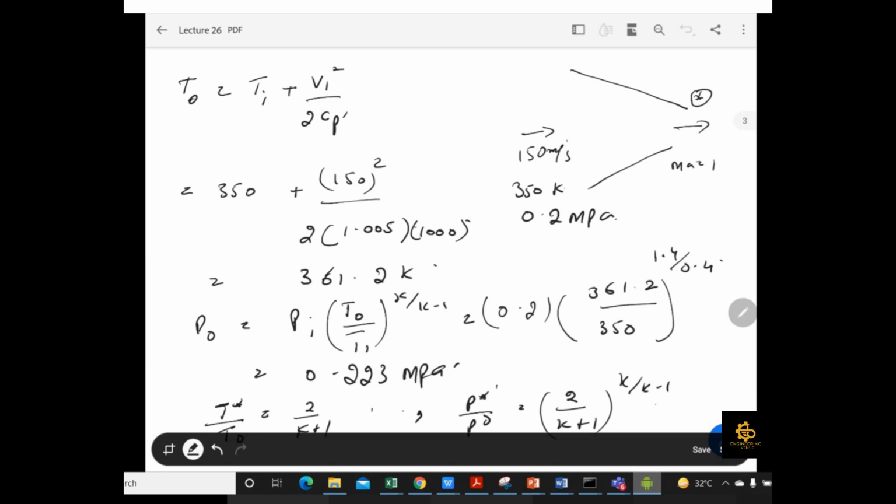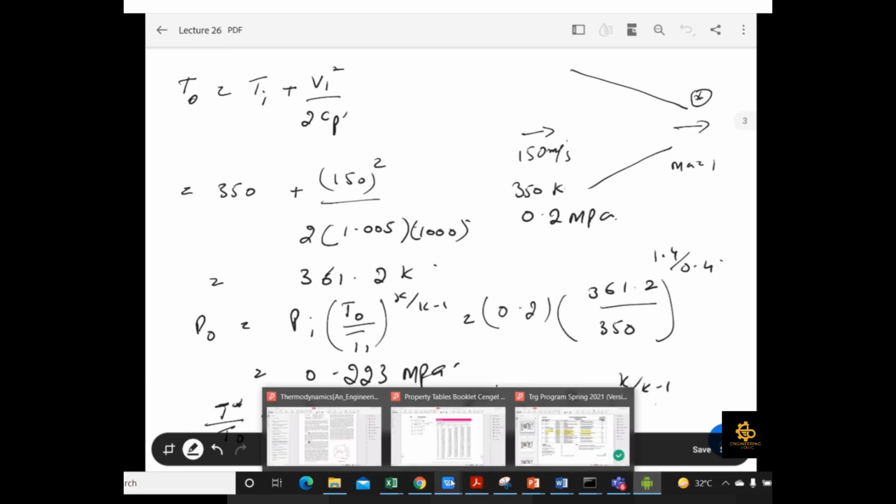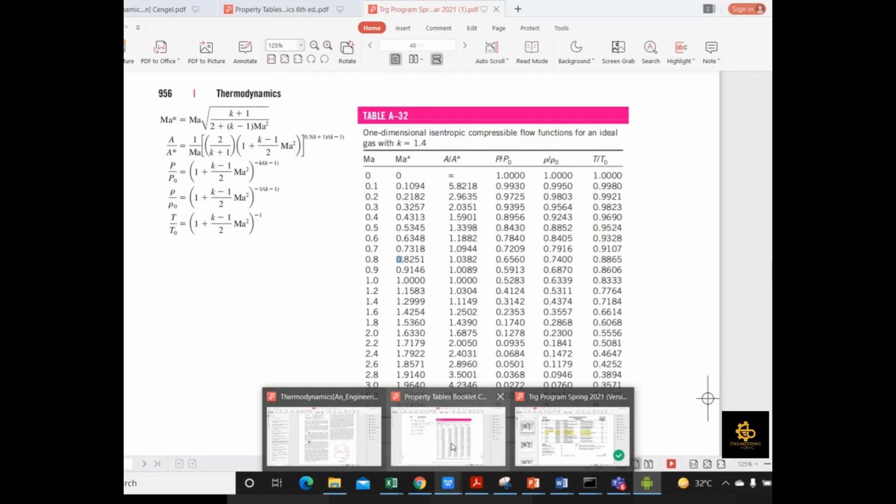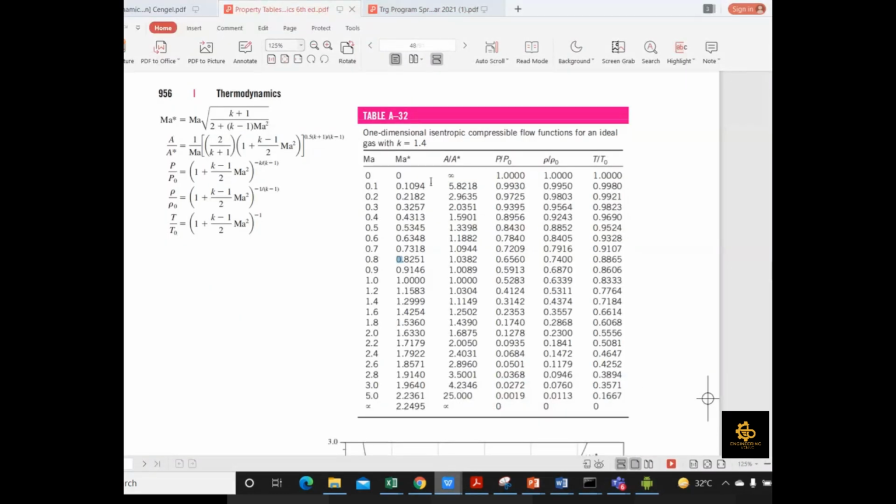Okay, another important point is that you can easily look up these values, that is the ratio of T star by T naught, from the thermodynamic table as well. Okay, so if you go to Table A-32, one-dimensional isentropic compressible flow functions, there is Mach number one. So it means that this is the point associated with the critical point. So at this point, if you note P by P naught, basically this P is P star at Mach number one.